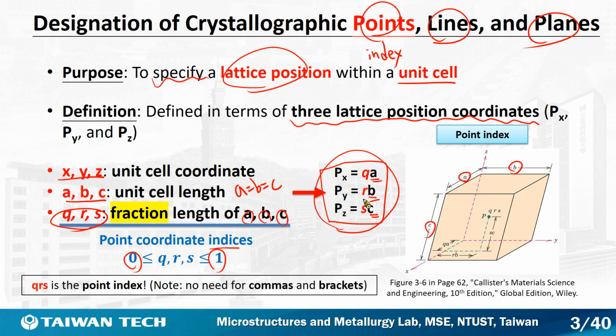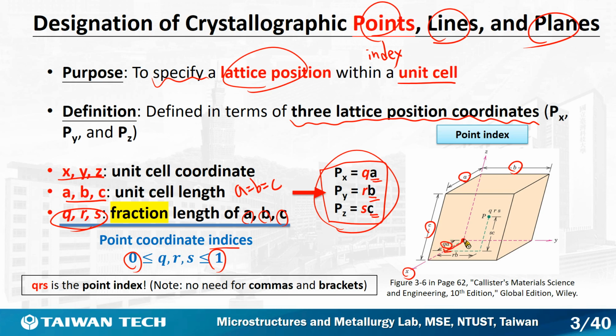Q means the fraction length of a, and a is for the x-axis. So this is qa, and this is our origin.